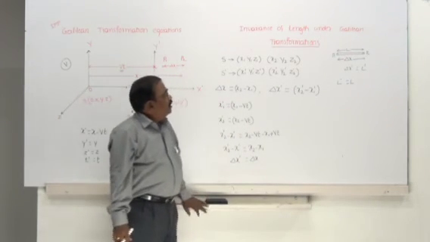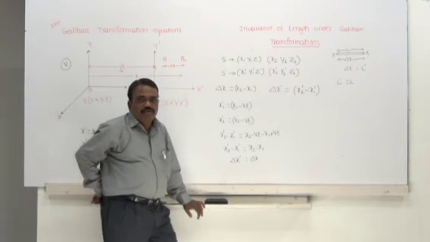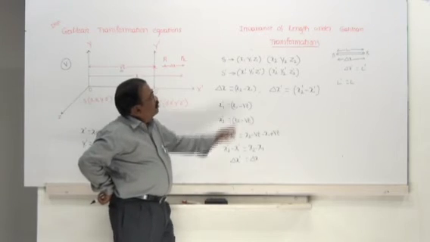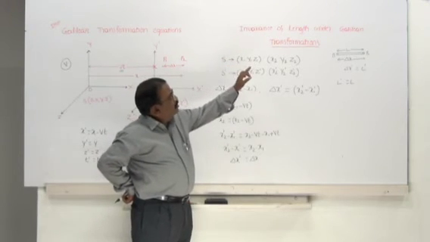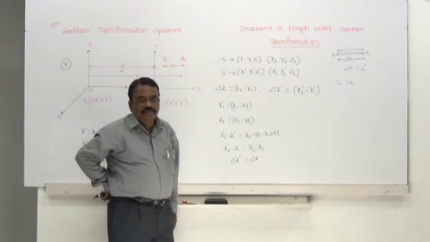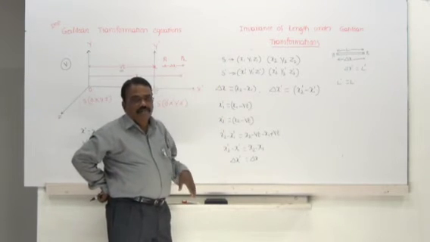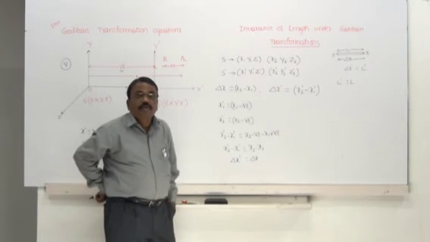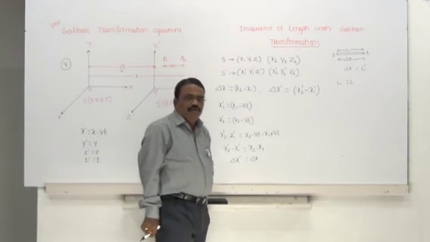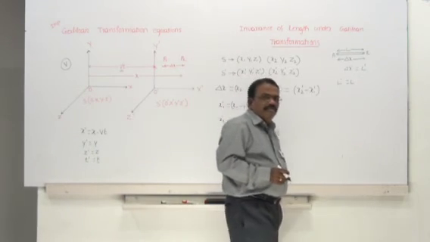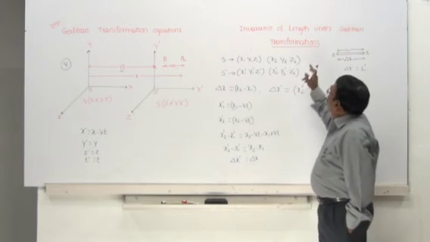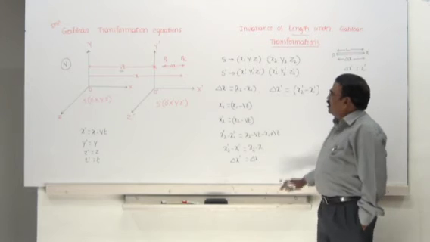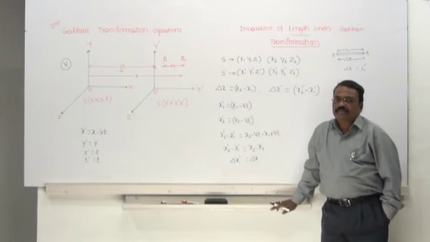Under Galilean transformation equations, the length of any object remains constant. It does not change. It means invariance of length under Galilean transformation equations.